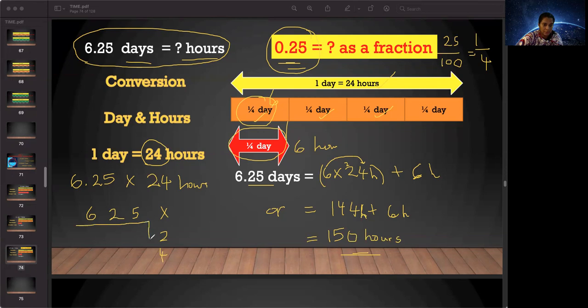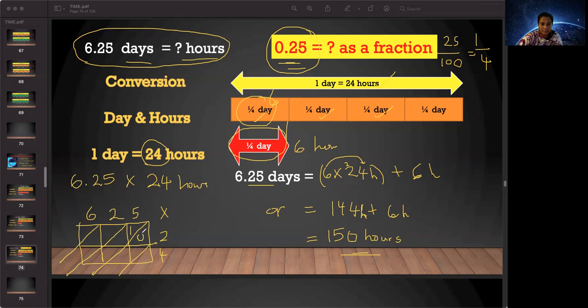Draw your lattice squares, okay? And then do not forget to draw your diagonal lines. The lattice method takes a little bit of work, but it ensures that you're not making many careless mistakes along the way. So then work on your calculation. 5 times 2, 10.